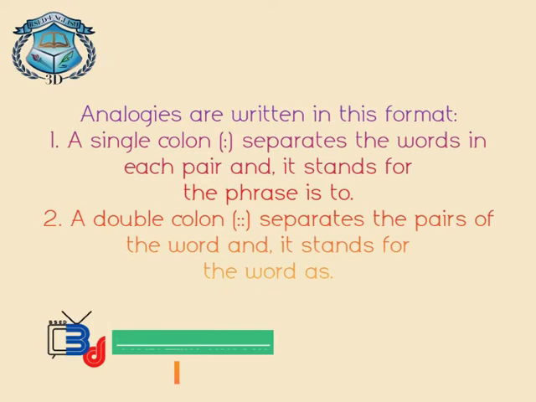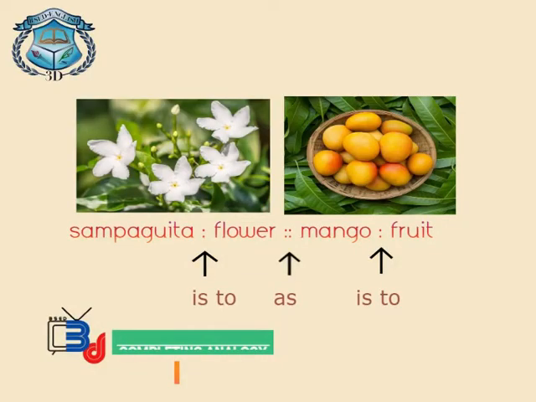Analogies are written in this format. A single colon separates the words in each pair and it stands for the phrase "is to." A double colon separates the pairs of words and it stands for the word "as." For example, sampaguita : flower :: mango : fruit.